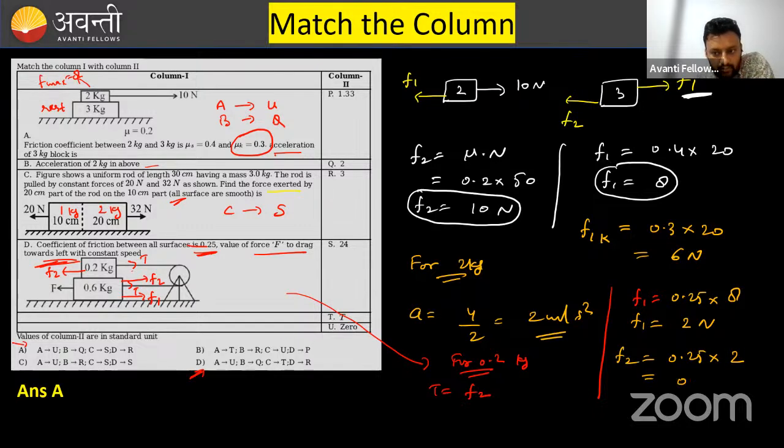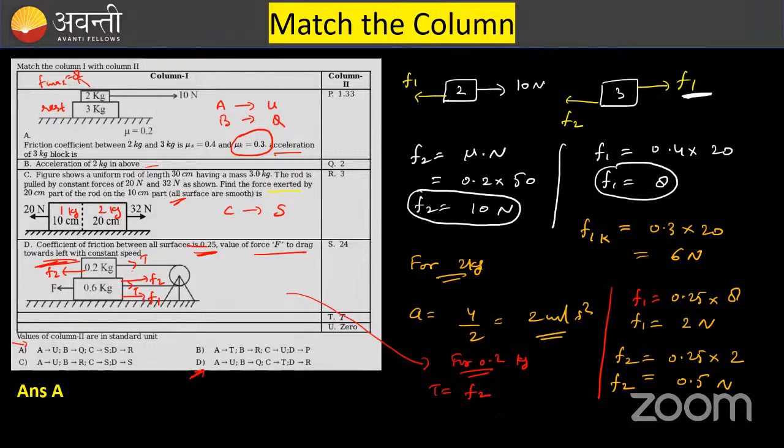Normal reaction is 2. That is 0.5, I think. Yes, F1 and F2 both are clear. 0.5.